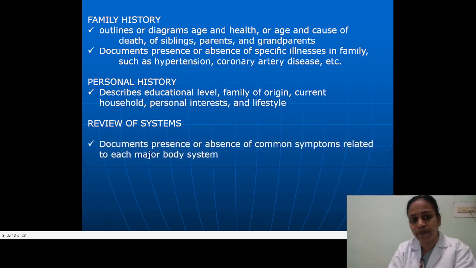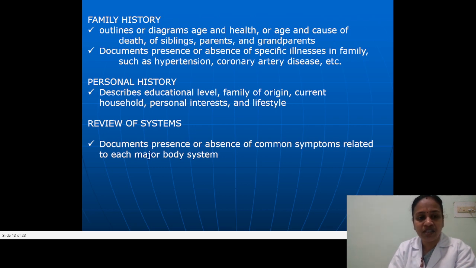Apart from this, we need to mention the socio-economic status of the patient: where they live, urban or rural area, the type of house, and the sanitary, electricity and water facilities. Apart from that, we need to mention who is the breadwinner of the family. Under the family history, try to include the family tree for three generations.